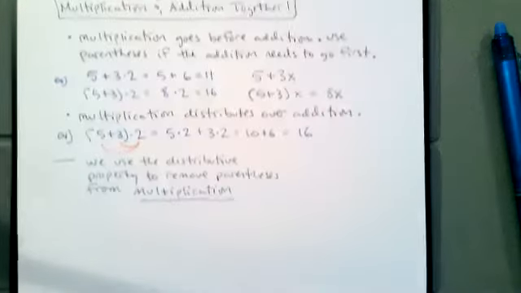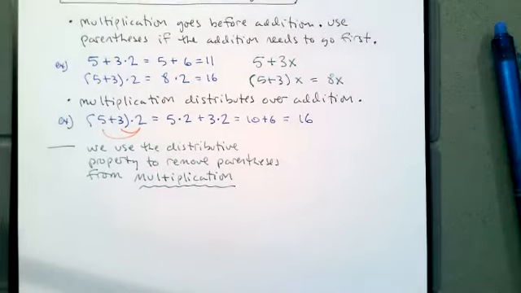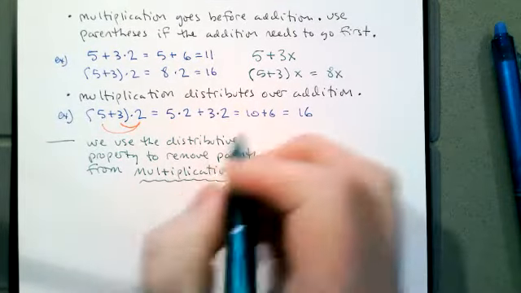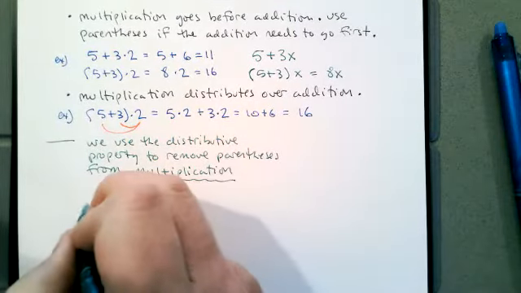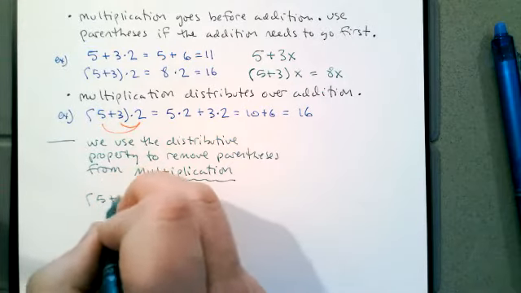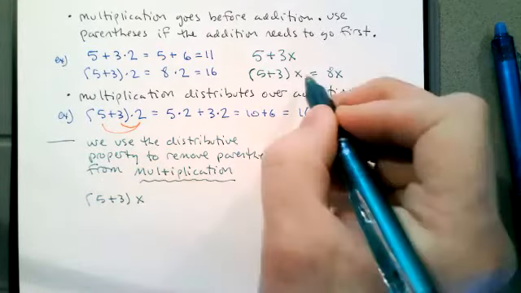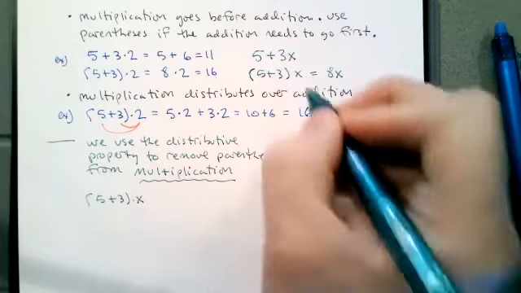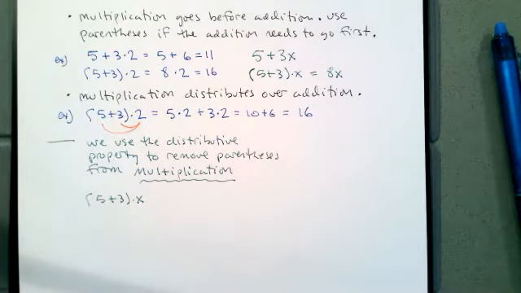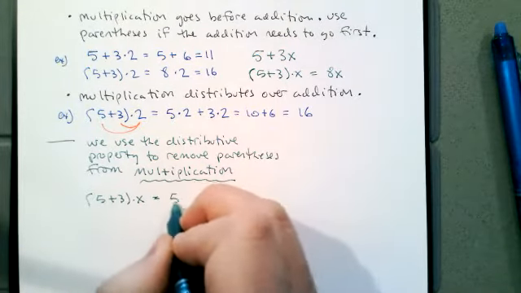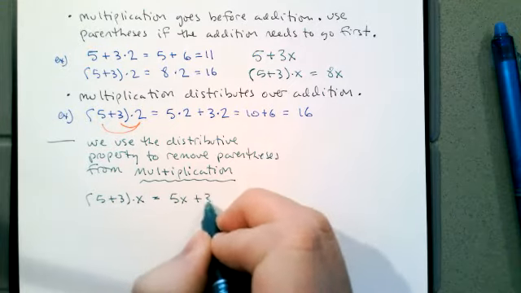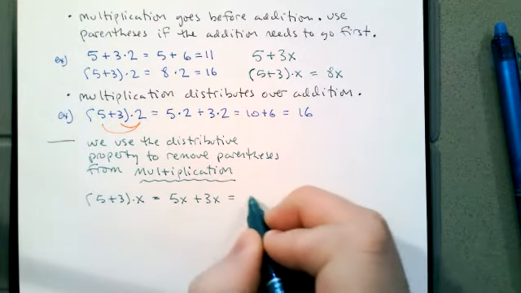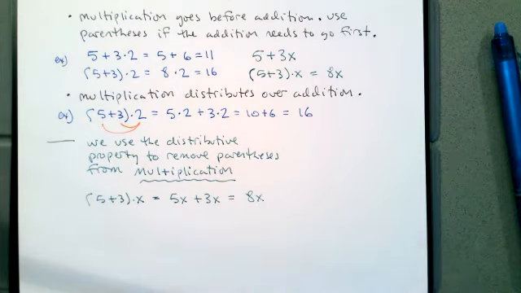So if we think about the distributive property, if we look at this expression, and instead of a 2, we have x, we have 5 plus 3 times x, like we had before, where this is multiplication. I can use the distributive property and say that this is 5x and 3x. Now they are like terms, and that's still 8x.